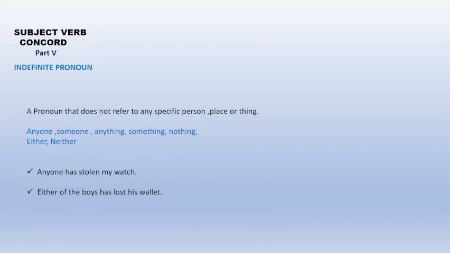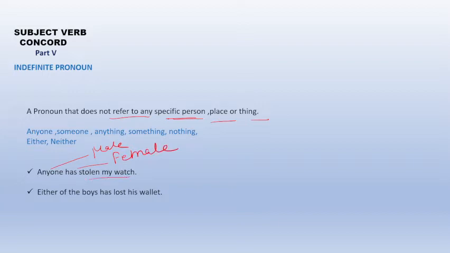A pronoun that does not refer to any specific person, place, or thing. That means anyone. Suppose I'm saying, anyone has stolen my watch. I don't know the person, whether male or female.